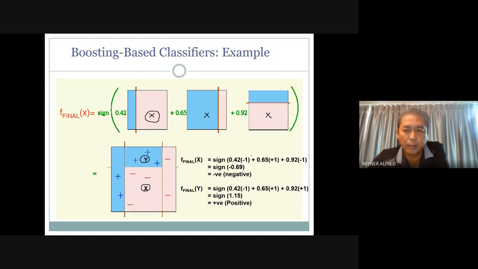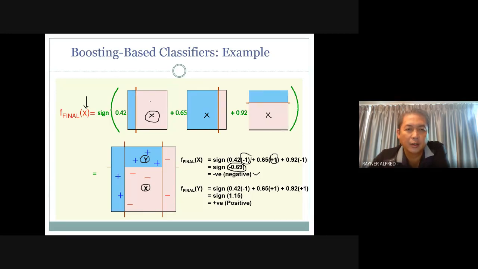So that's why we put negative here. And this is in the positive zone. That's why we have positive. This is negative. So when we add up all this value, we have a single number here. Okay. So if the number is negative, then we assign the sample X here to be negative. If positive, then we assign the class label to be positive.